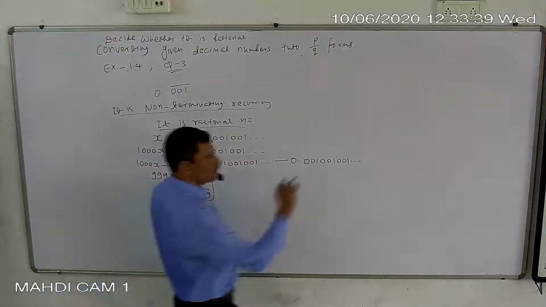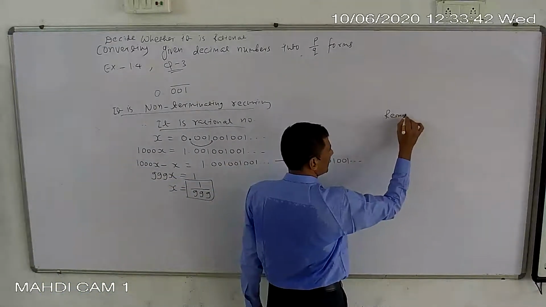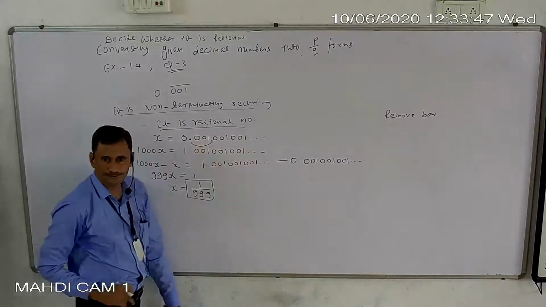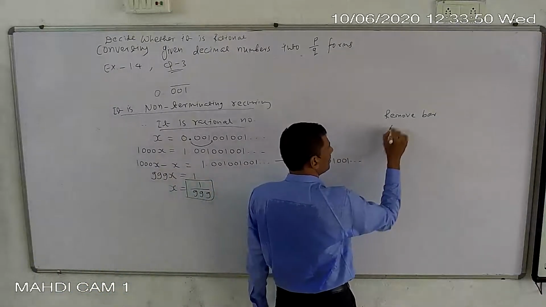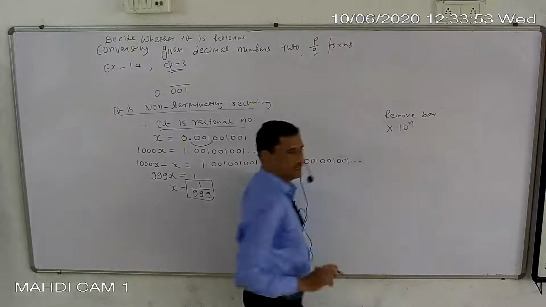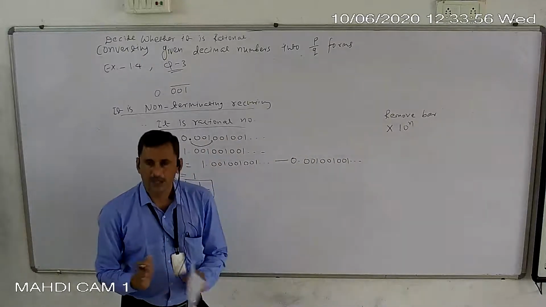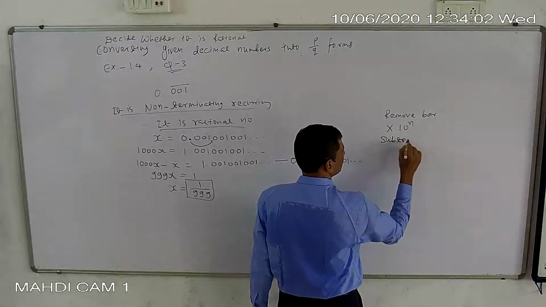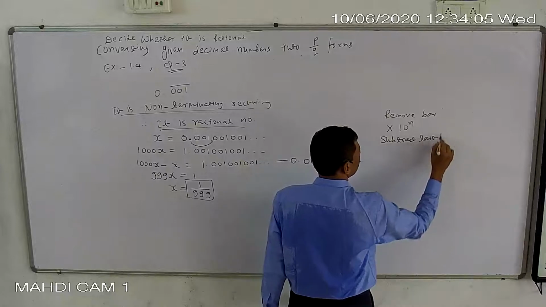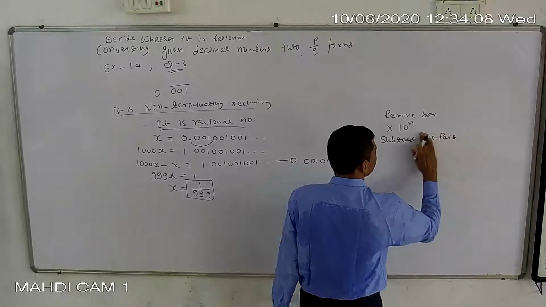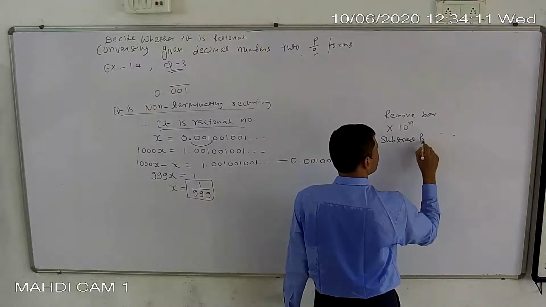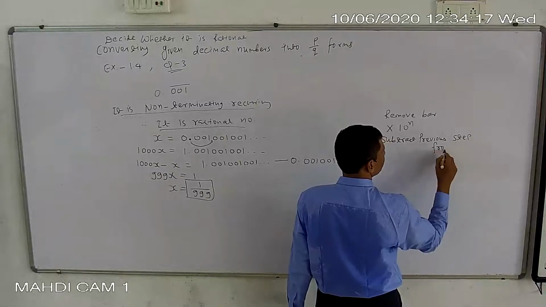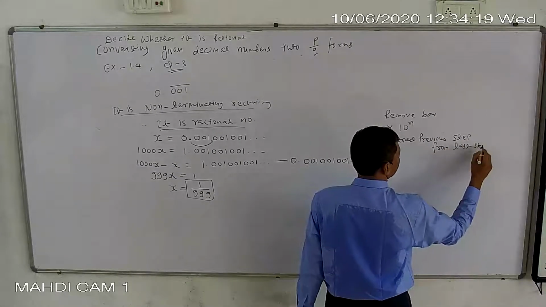How to remember the process? First of all, remove the bar if a bar is given. Otherwise not. Sometimes you are given this number directly also. Then what to do? Multiply by 10 raised to n, means either by 10, by 100, or by 1000, this way. Then subtract the previous step from the last step.